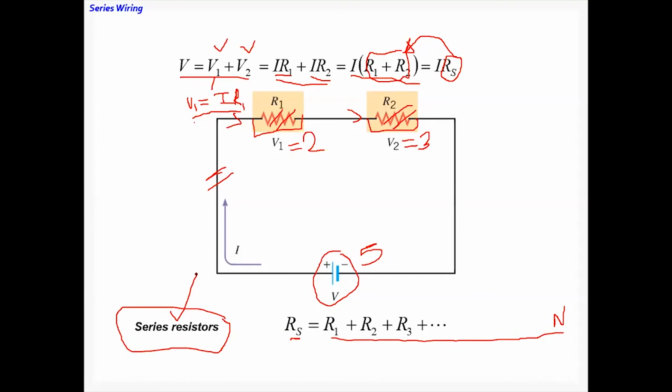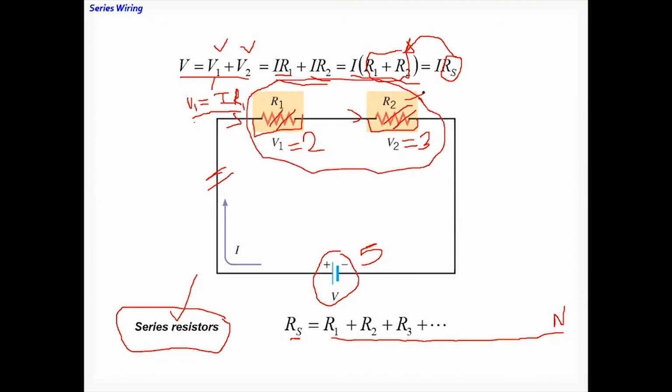This kind of wiring is called series wiring. In series wiring, we can add all the resistors algebraically, R1 plus R2 plus R3, and we get the equivalent resistor.